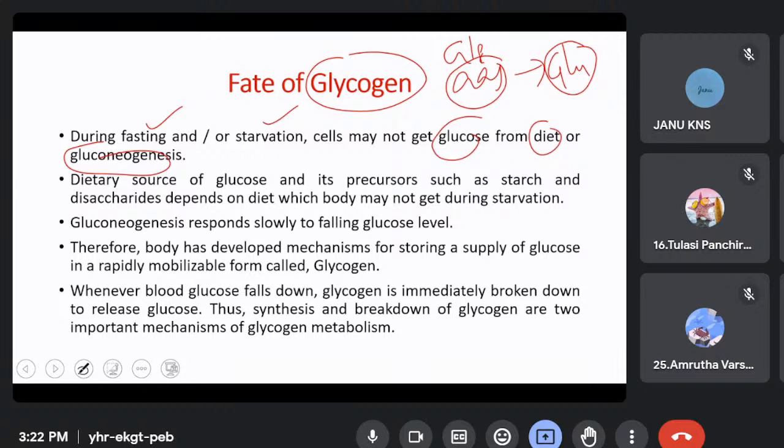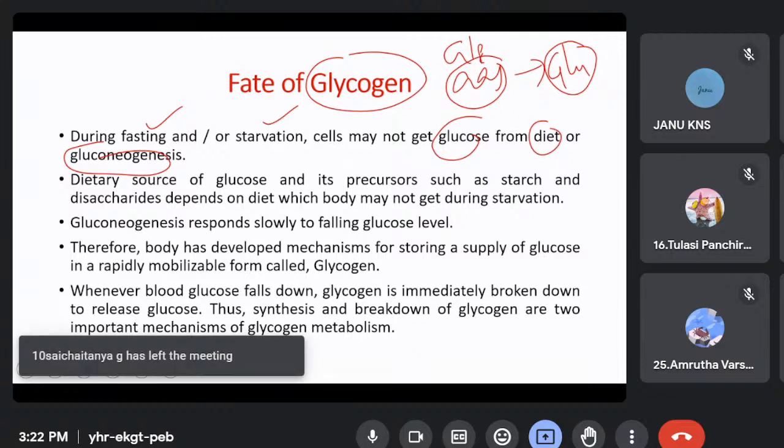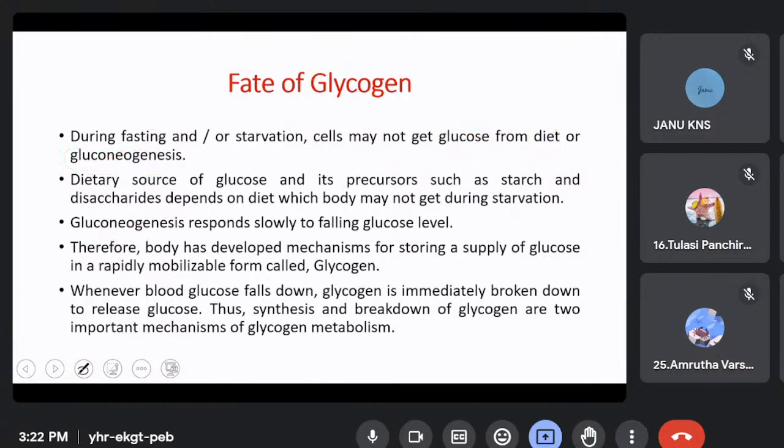But when we are fasting or undergoing starvation, even animals do not get glucose from food or by gluconeogenesis. Then how do they survive? Dietary sources of glucose and its precursors such as starch and disaccharides depend on diet, which the body may not get during starvation. Whereas gluconeogenesis responds slowly to falling glucose levels. So these two are eliminated.